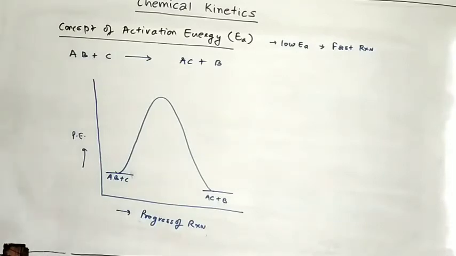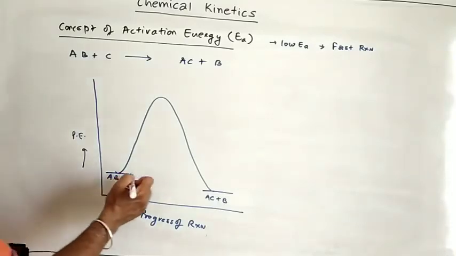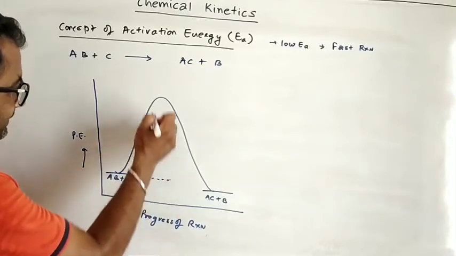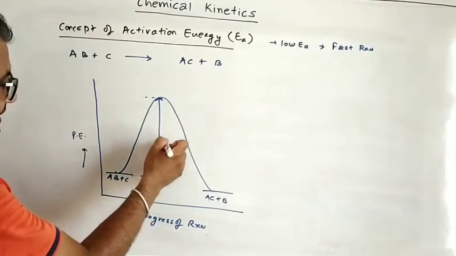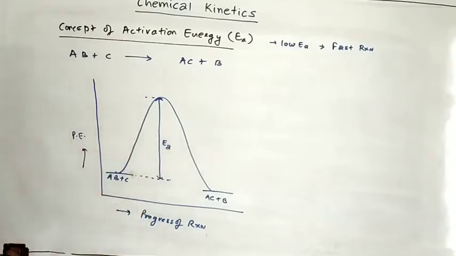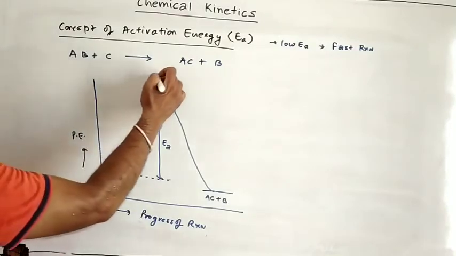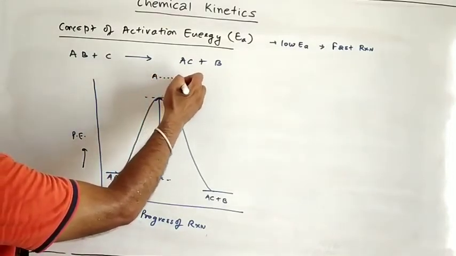So at this distance from here to here, this is actually the activation energy. Energy required to make the complex, because at this point we get an activated complex like this.